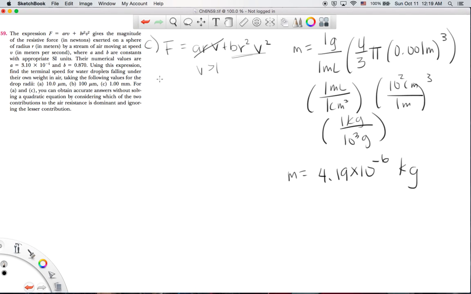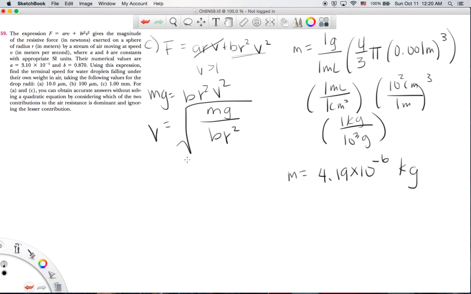So if we simplify this, we get mg equals br squared v squared, and v is going to equal the square root of mg over br squared. I forgot to mention, but down is positive because that's the direction of motion. So it's not plus or minus, it's just positive.